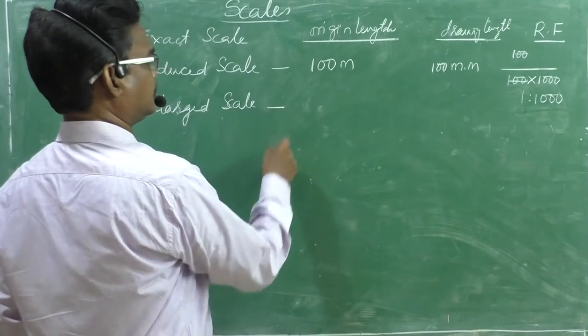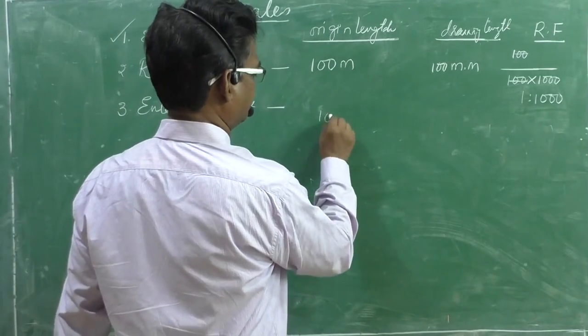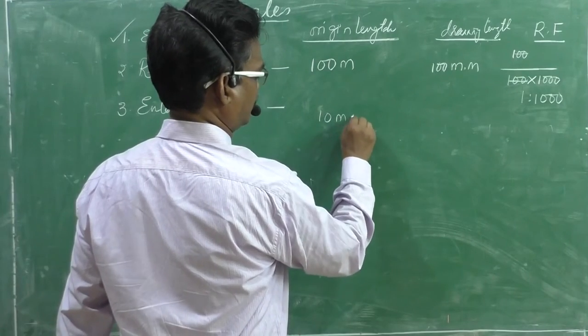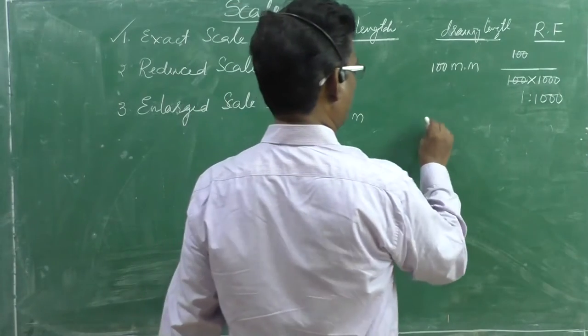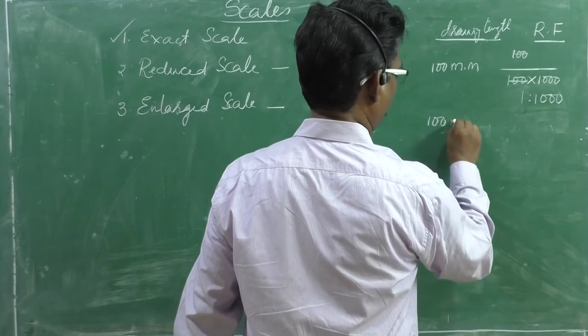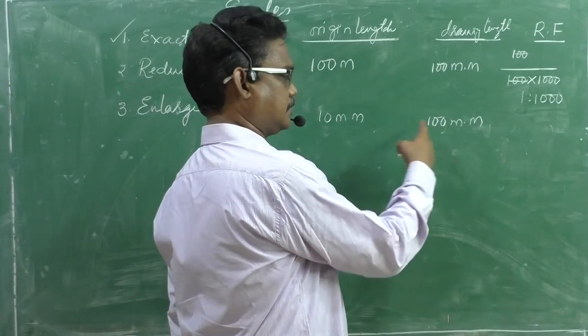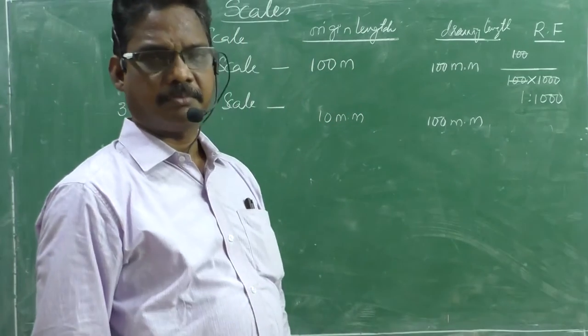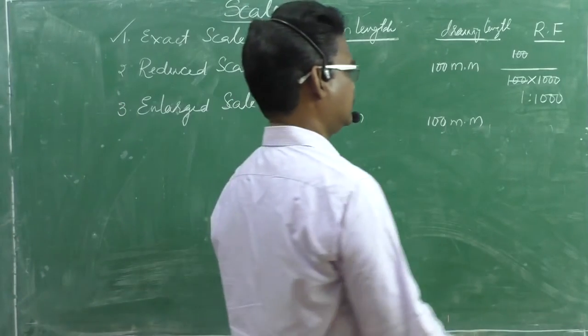See, the original length of an object, let it be 10 mm, and we represented that with 100 mm. A 10 mm object is represented as 100 mm on the drawing sheet. How much is it enlarged?